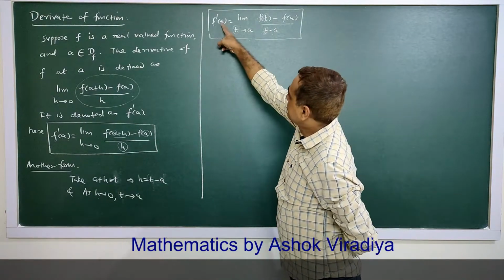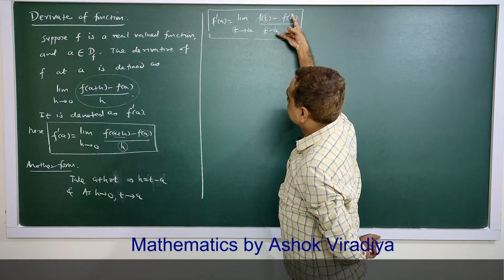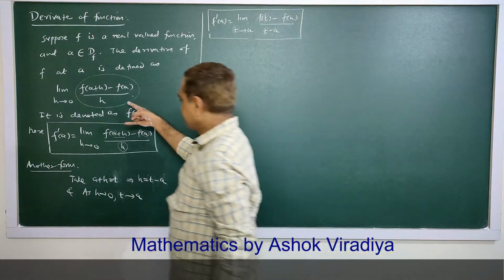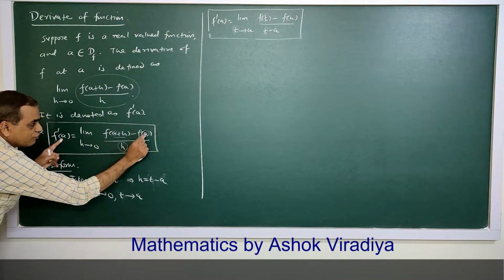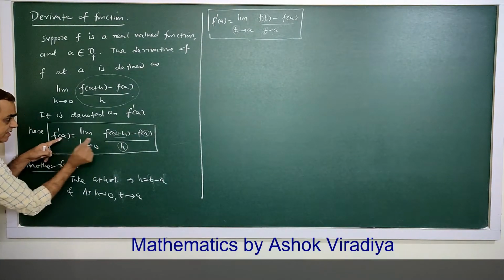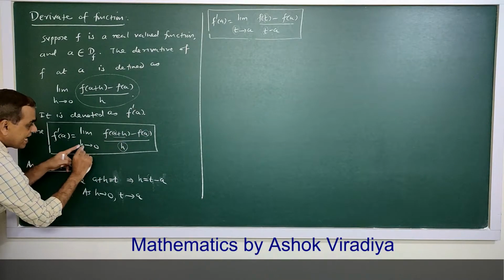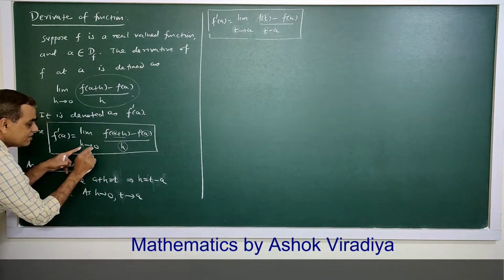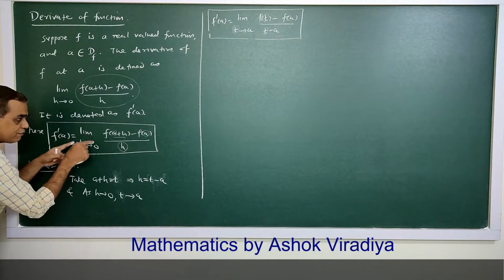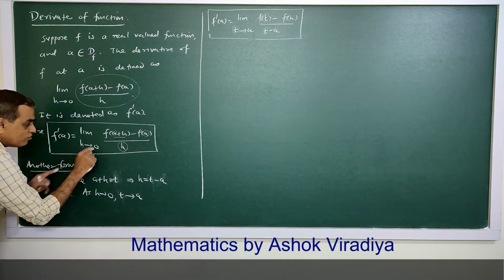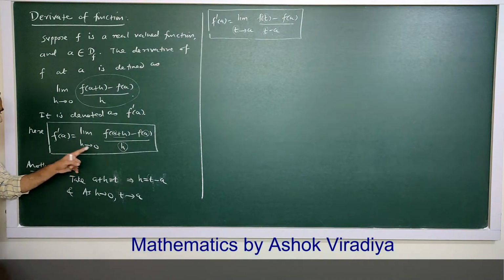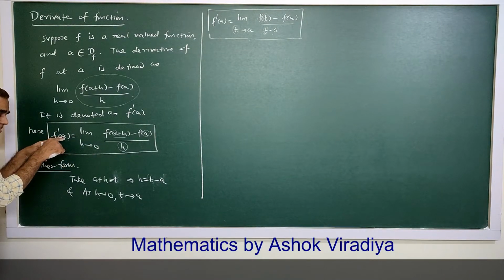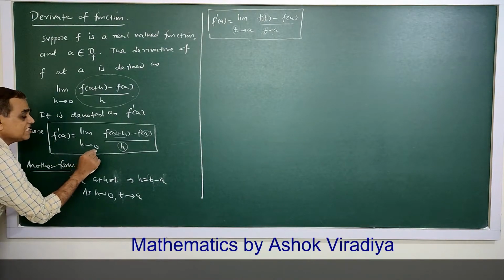And whatever number you put here, the same must be here. In this form also, if you put 5 here, put 5 there. If you put 6, then put 6. And h is variable. In this form of definition, this 0 must be fixed. h tends to 0 is fixed. a is any number, but this is fixed, no change in 0.